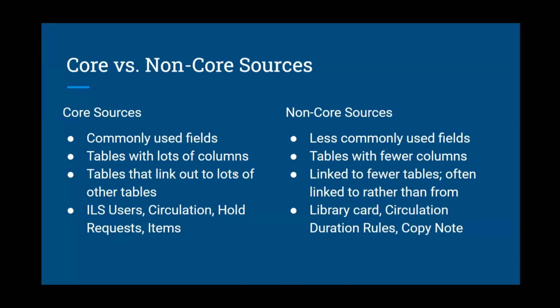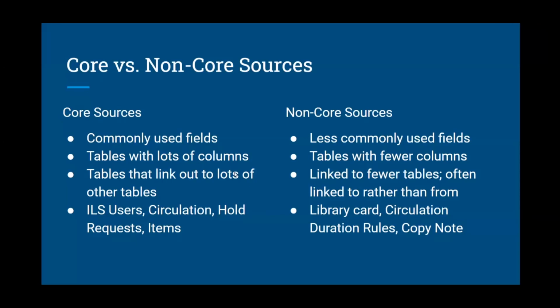And then from that ILS users table, you may link out to the library card table, and that's where you're going to get patron barcodes. But there's nothing else within the library card table that you're necessarily going to need. Most, if you started from the library card table, you'd have to do a lot of linking back to the ILS user table in order to get the display fields that you needed.